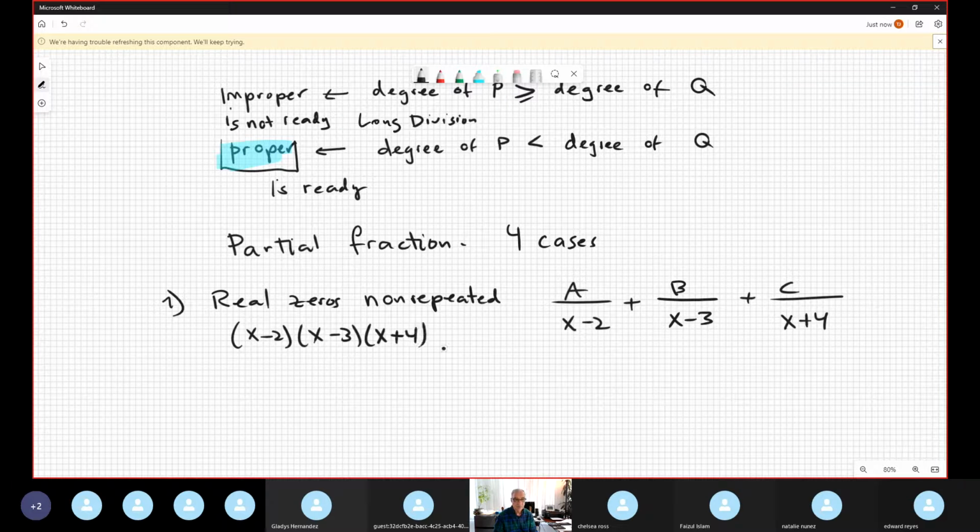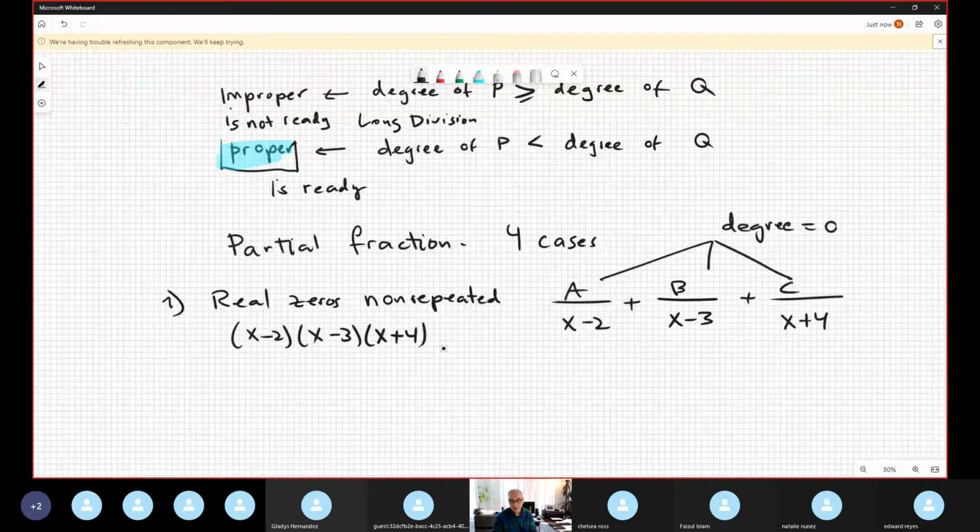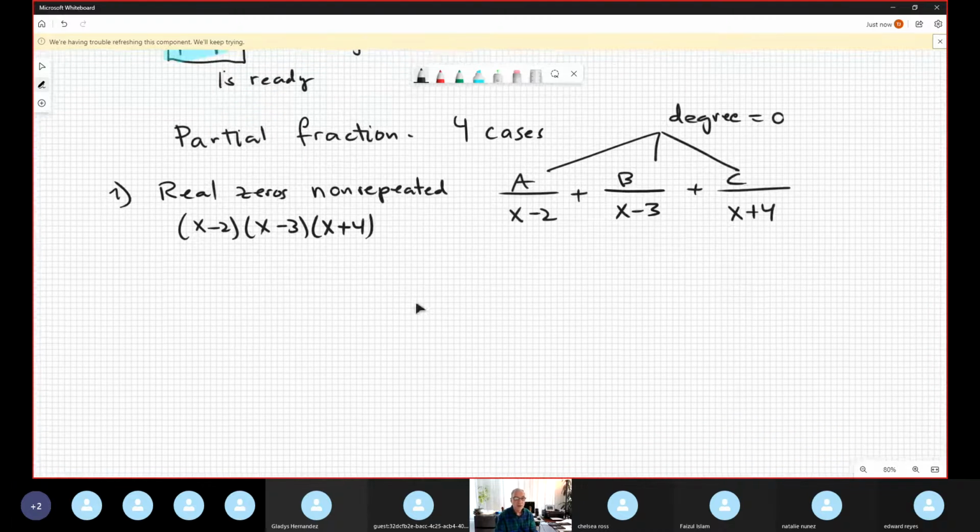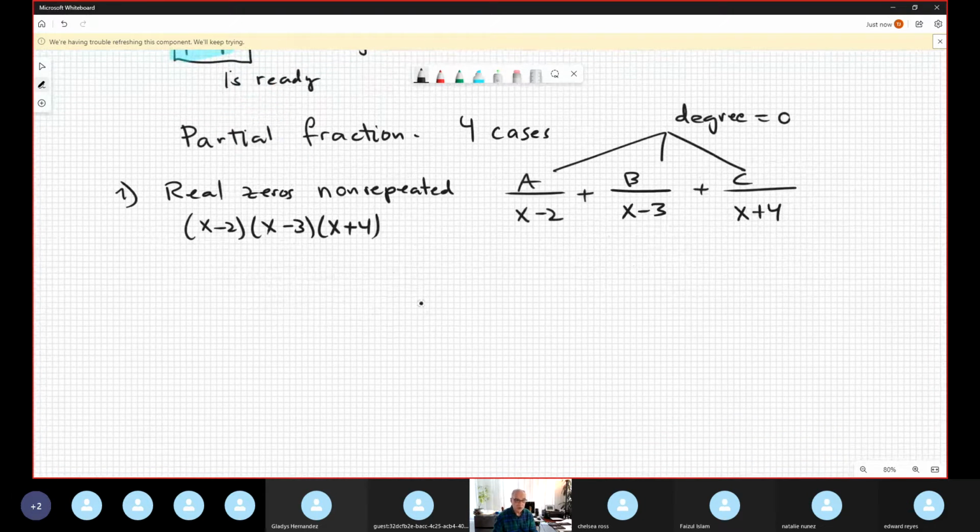So you separate into different fractions, and you put in the top a, b, and c, which is just a number, and degree is 0, because in the denominator the degree is 1. When you put them together, it is equivalent to the original problem.